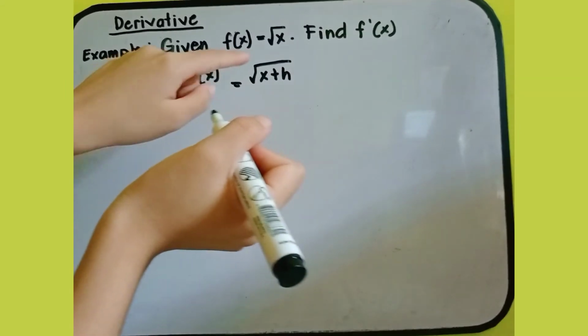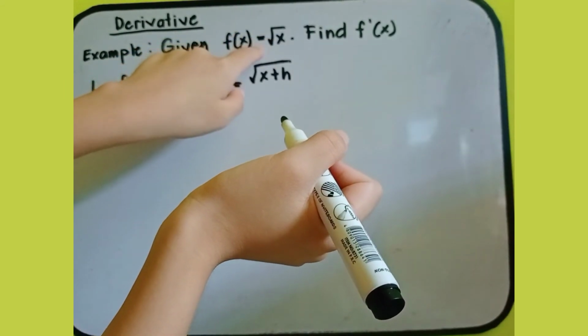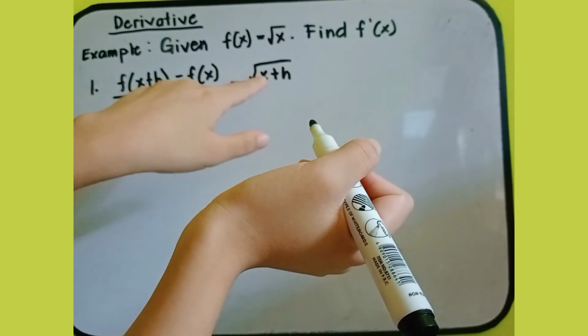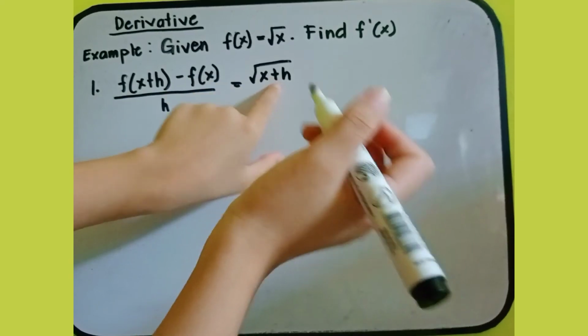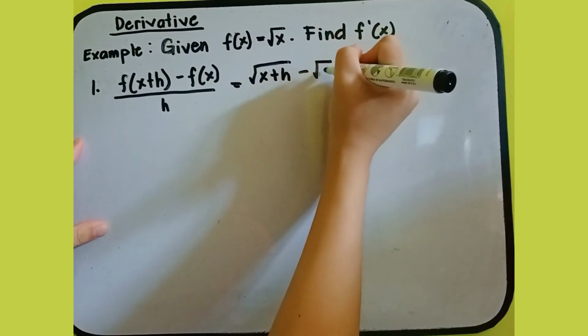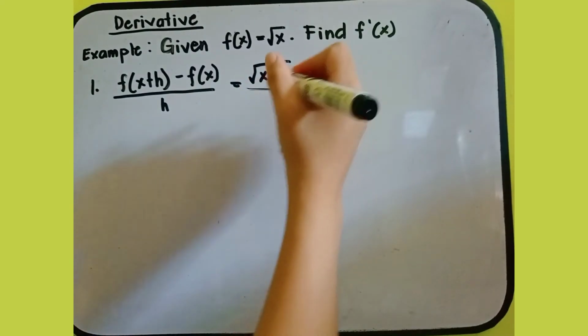Since our function is square root of x, we have here square root of x plus h. Now we subtract square root of x, over our h.